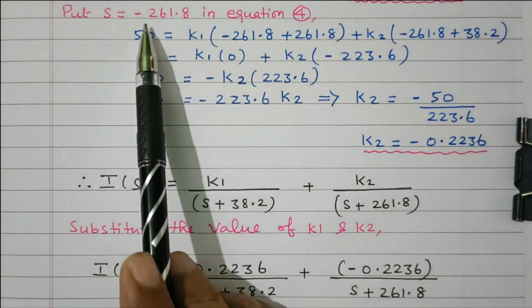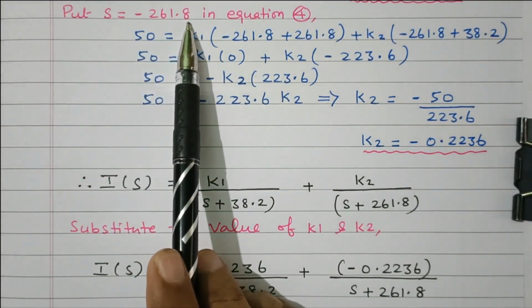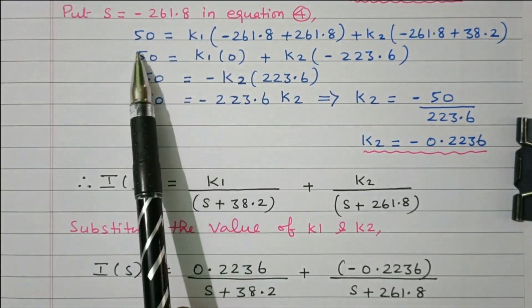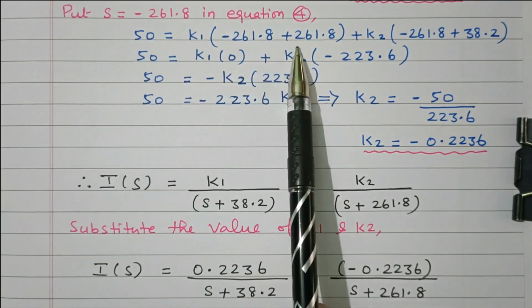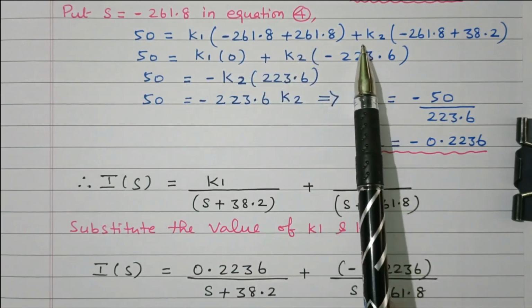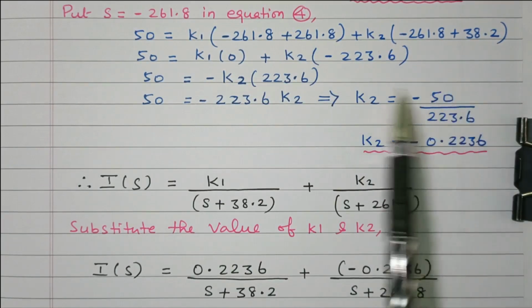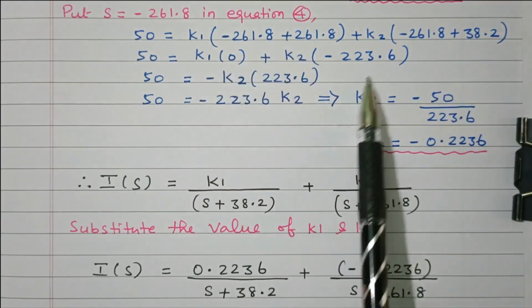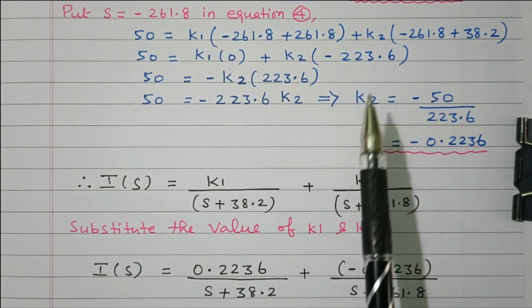Now we are substituting minus 261.8, so that we can cancel K1 and find K2. 50 equal to K1 into minus 261.8 plus 261.8, plus K2 into minus 261.8 plus 38.2. So this term becomes 0. This term is minus 223.6.